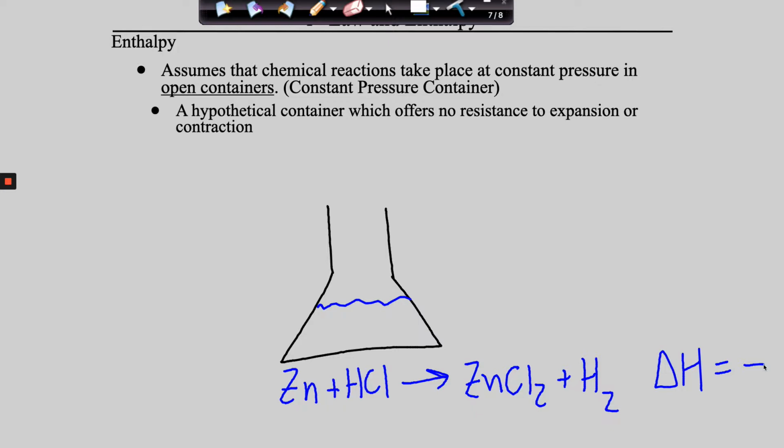Delta H, change in heat, and it's negative. That means energy is being given off. It's an energy loss. Guys, can you think about that for just a second? It's an energy loss. Because where are we, in the system or the surroundings? We are in the surroundings.